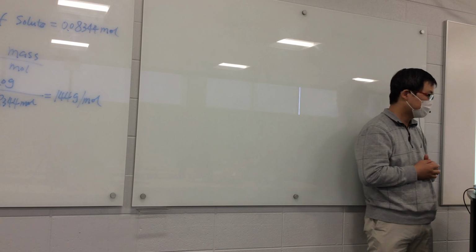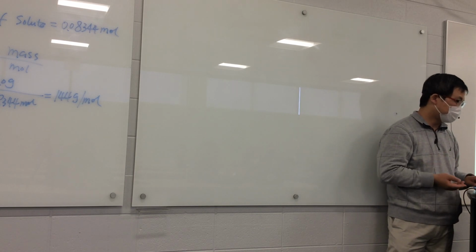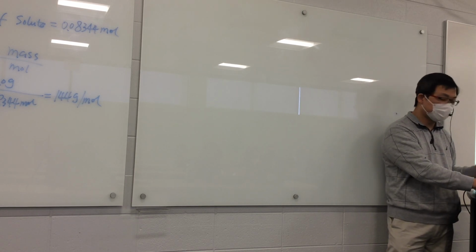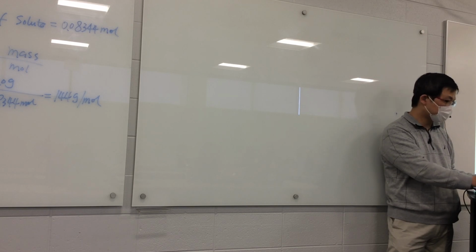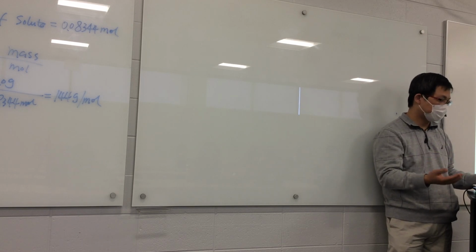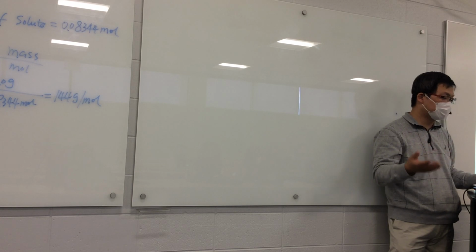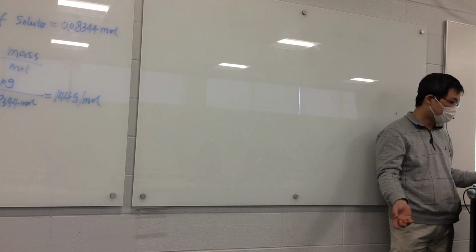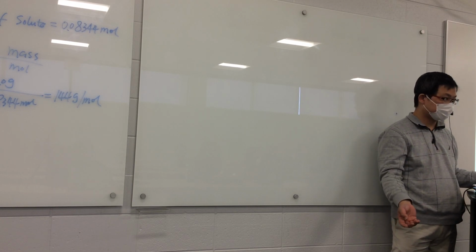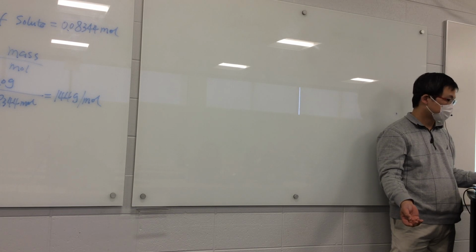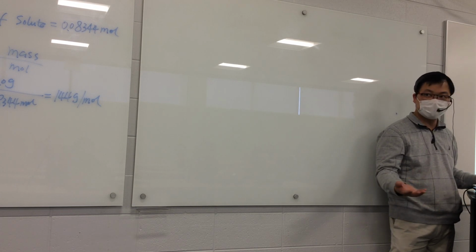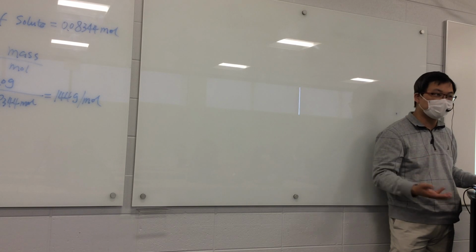Why is that? The reason is because, as you can see here, for non-electrolytes, dissolution of 1 mole of glucose results in 1 mole of solute particles. Why? Because glucose, when dissolved in water, still stays as what?